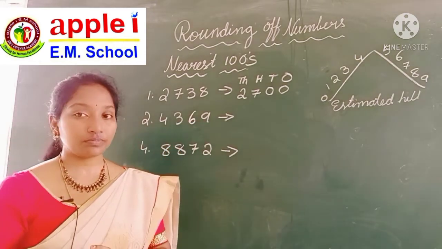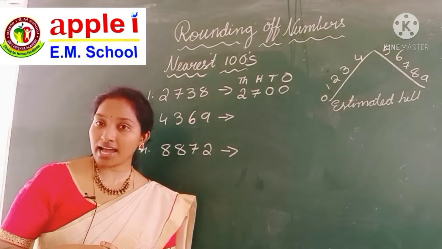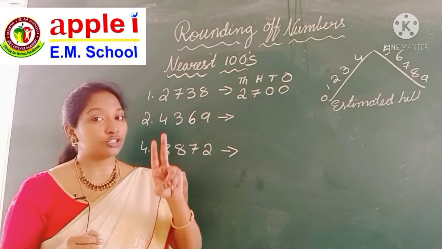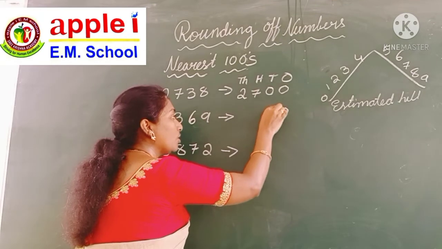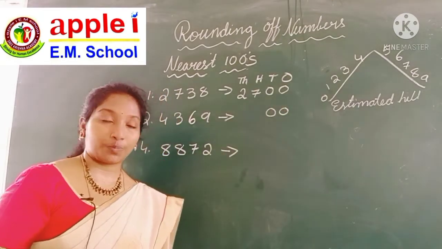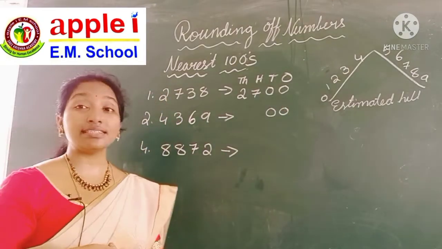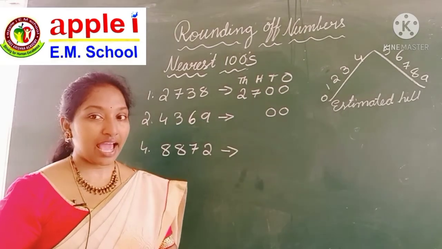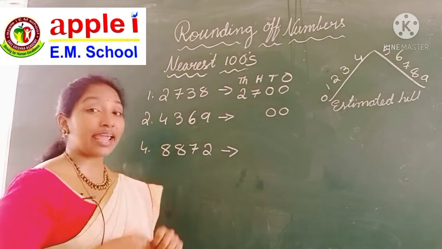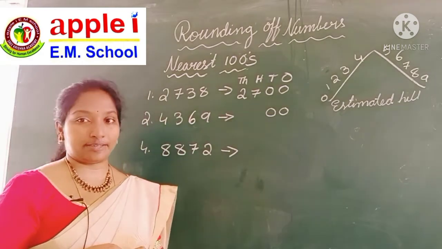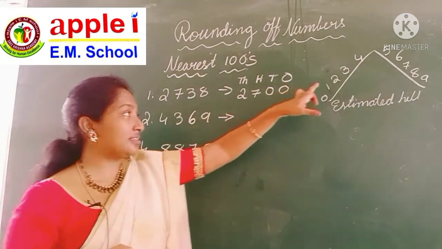4369. So nearest hundreds. 100 has 2 zeros. So make ones place 0, tens place 0. And nearest hundreds means we have to check tens place. See what is here in tens place? 6. 6 means, see the estimated hill?